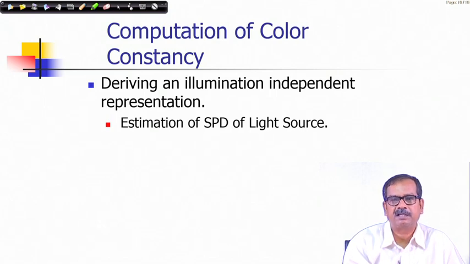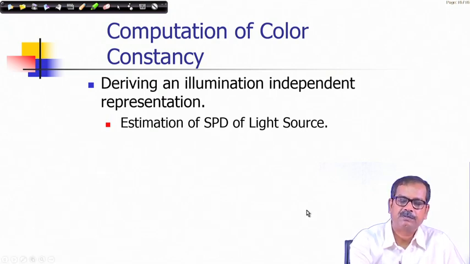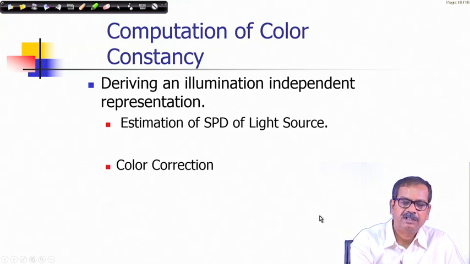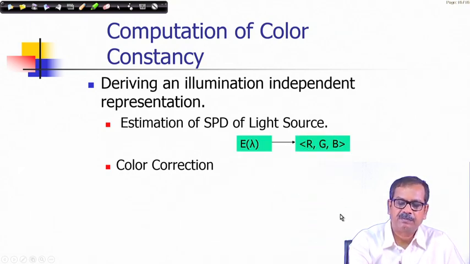You should normalize these colors with respect to the spectral power density of the light sources. The task which does that normalization is known as color correction, and for estimation of spectral power density, you need to compute the 3 vectorial representation of the color of the illuminant.